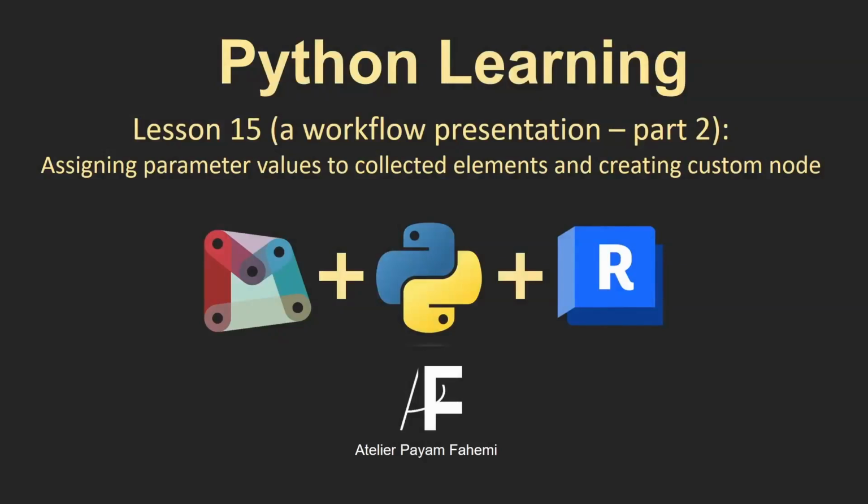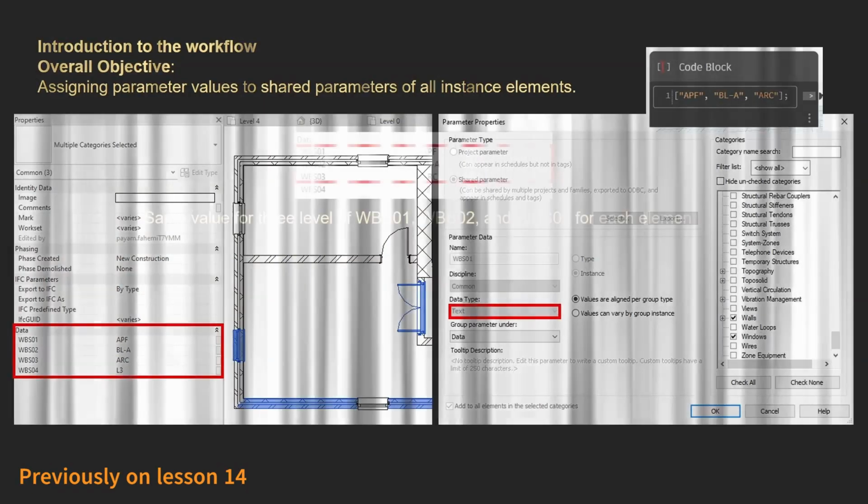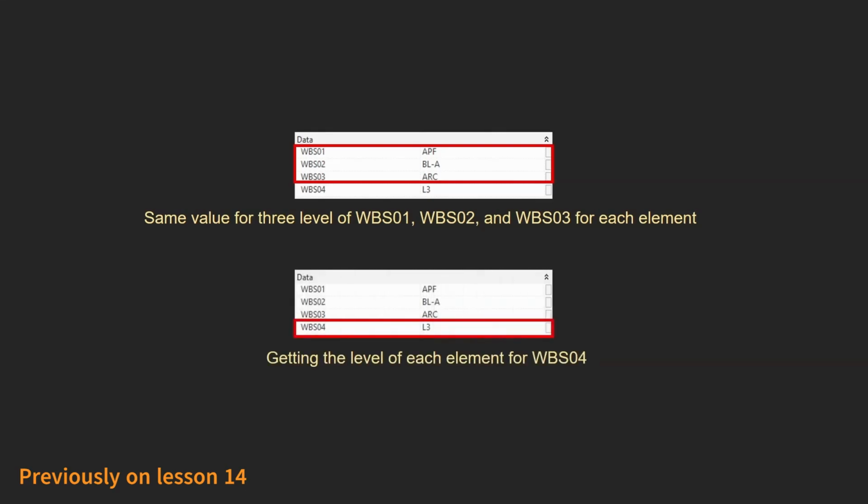Hello everyone and welcome to lesson 15, a workflow presentation part 2: assigning parameter values to collected elements and creating a custom node. In this lesson, we take over the workflow from where we left off in the previous lesson.